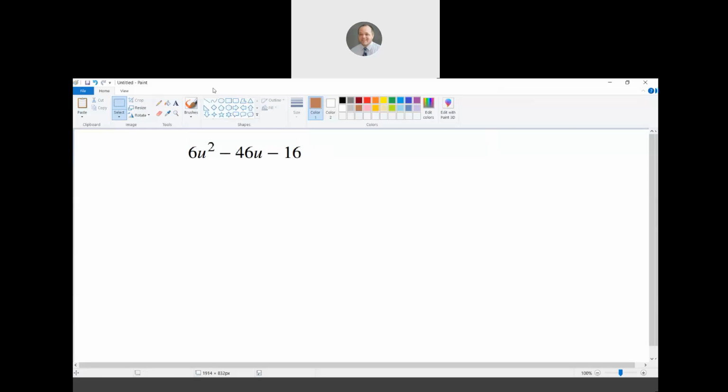First step, pull out a GCF if there is one. And for this problem, all three terms have a 2 in common. So let's take that out first. And we're left with 3u squared minus 23u minus 8.